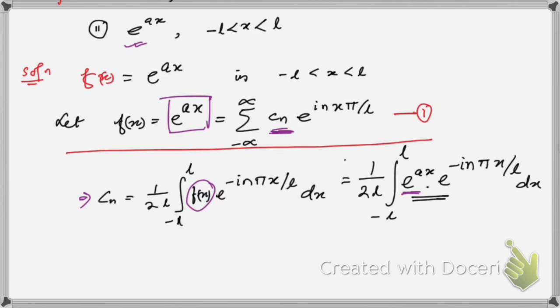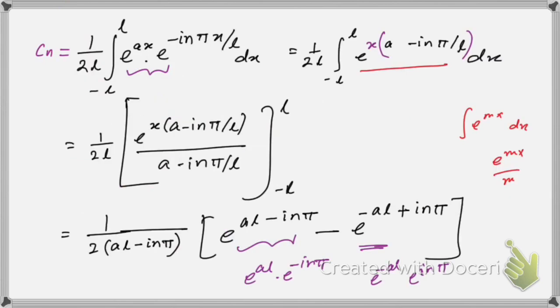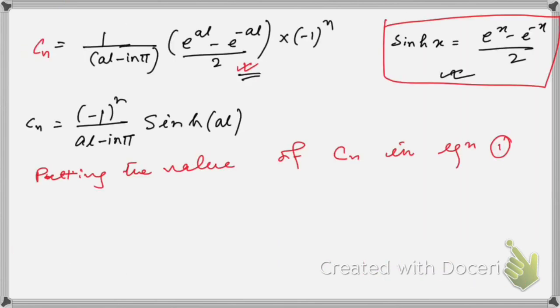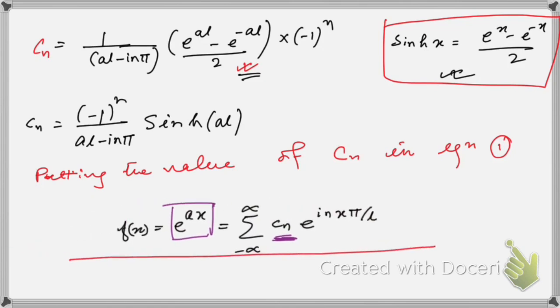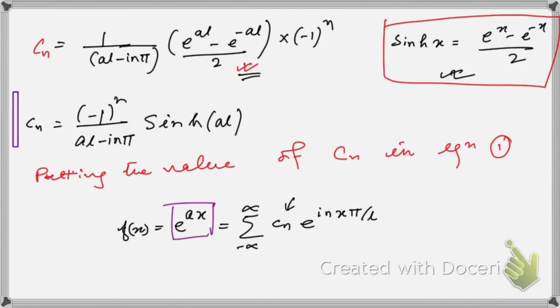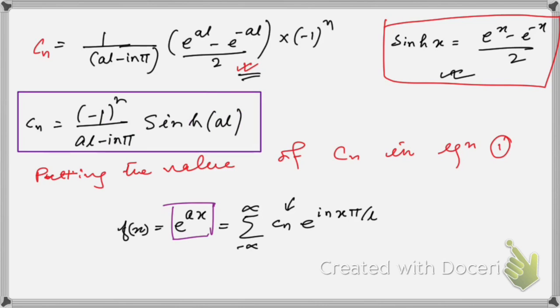So let me copy this equation number 1 and put the value of Cn here. Let me clean these things. This is the sum from minus infinity. What is the value of Cn? The value of Cn is this. Let's put it here. So then what will you get?